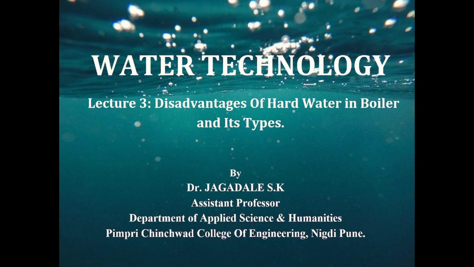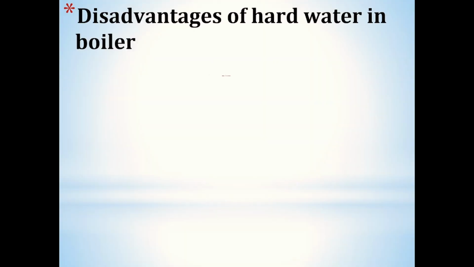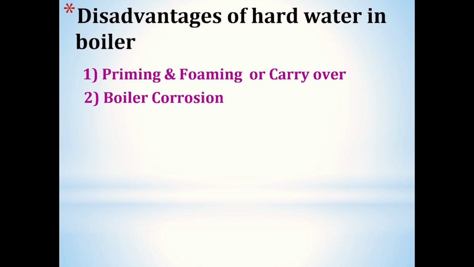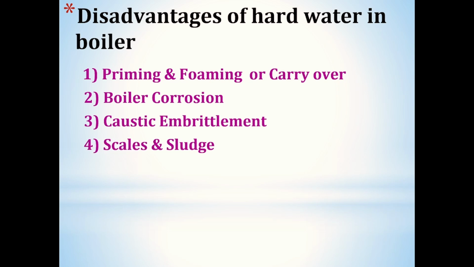So dear friends, these are the disadvantages of the hard water on the boiler: priming and foaming, boiler corrosion, caustic embrittlement, and formation of scales and sludges in the boiler. We will discuss each and every disadvantage or ill effect with respect to its definition, causes, disadvantages, and prevention. So first we will discuss priming and foaming.